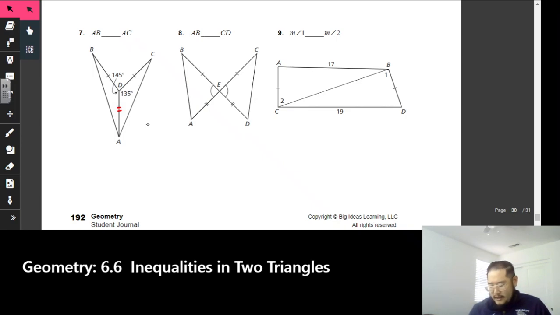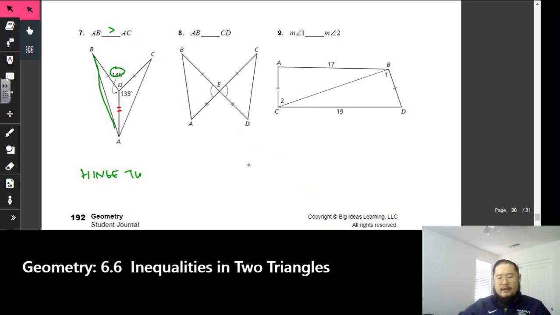So now let's take a look at the angles. Right here, this angle is the larger one, and that's opposite of side AB. So we can go ahead and say that AB is greater than AC, which is opposite of this 135. Reason, we have our hinge theorem. Remember, two congruent sides and then the included angle.